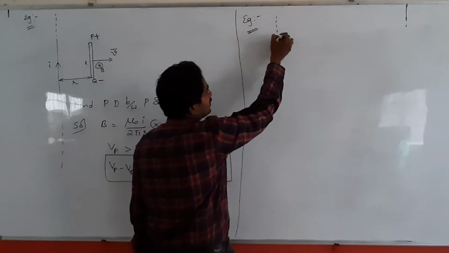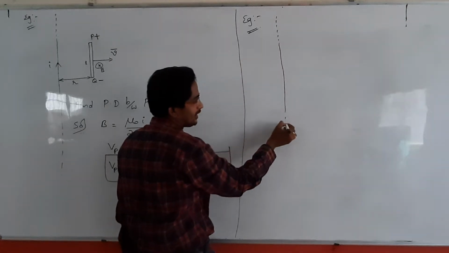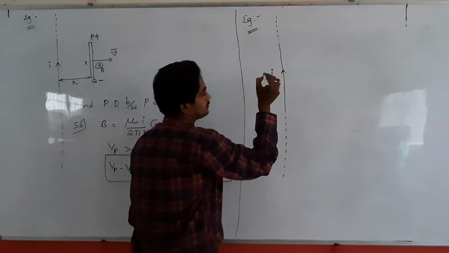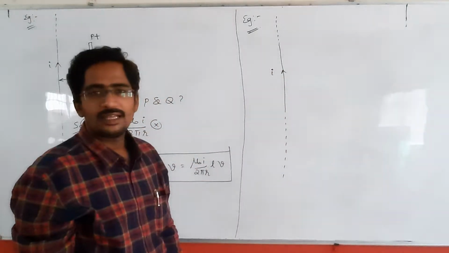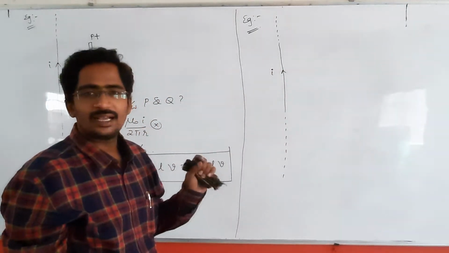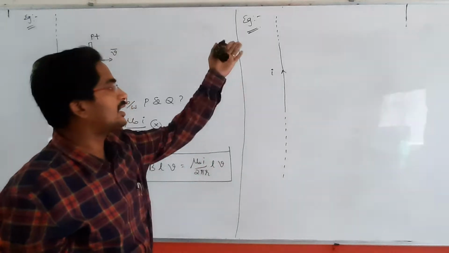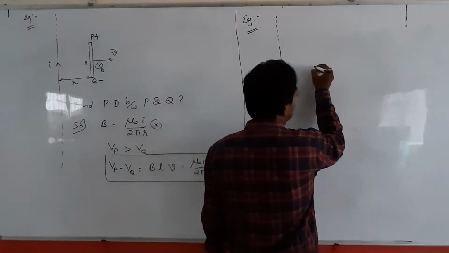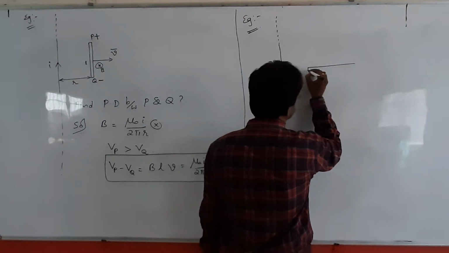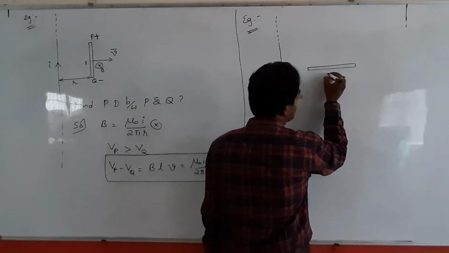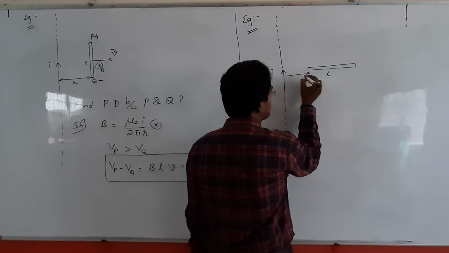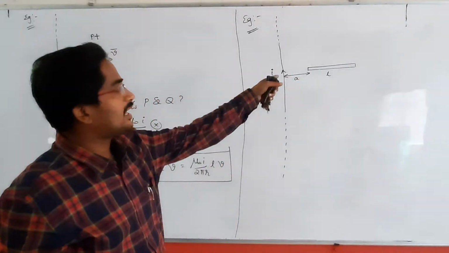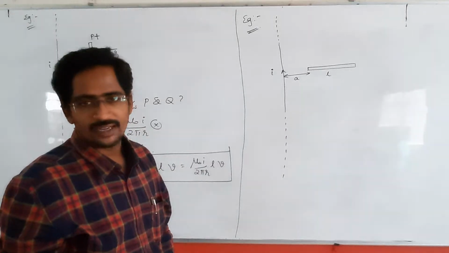There is an infinite current carrying conductor carrying the current I, that is, a long current carrying conductor. Beside that, we have placed a rod of length L. The first end of the rod is at a distance of a.